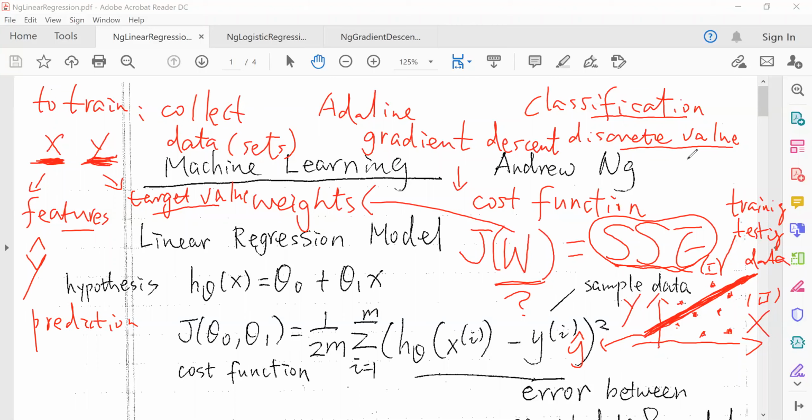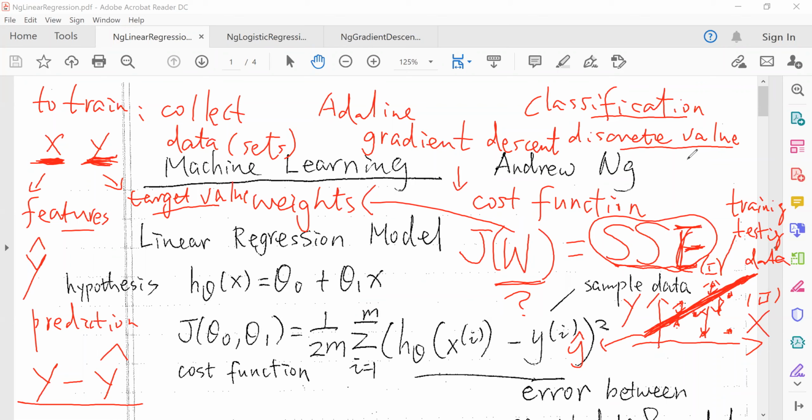So what does the error represent? How far the prediction is from the target. So it's the difference between the target value and the prediction. Based on the line, here it shows the difference.